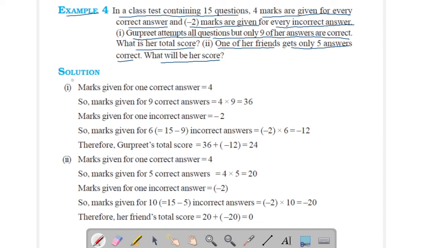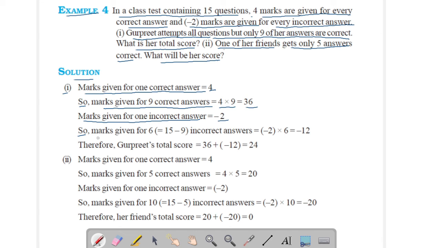See the solution. First part, marks given for one correct answer, it is 4. So marks given for 9 correct answers, it will be 4 into 9, that is 36. Now marks given for incorrect answer, it is minus 2.